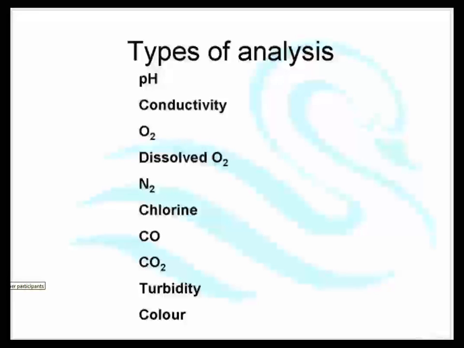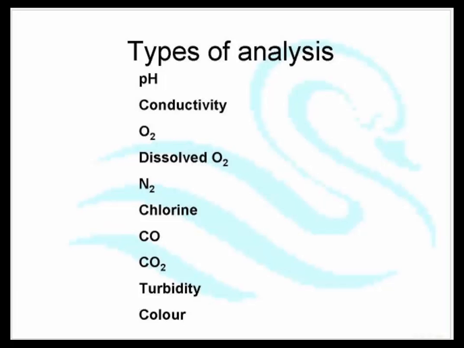Sort of things that instrumentation deals with, analysis is measurement of various things: pH, conductivity, oxygen, dissolved oxygen, nitrogen, chlorine, carbon monoxide, carbon dioxide, turbidity, and colour.